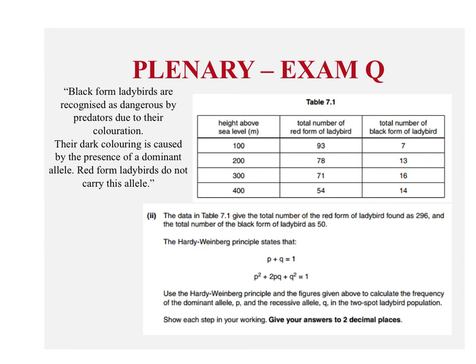Use the Hardy-Weinberg principle and the figures above to calculate the frequency of the dominant allele P and the recessive allele Q in the 2-spot ladybird population. Show each step in your working and give your answers to 2 decimal places. 2 DP, so 2 numbers after the decimal point.